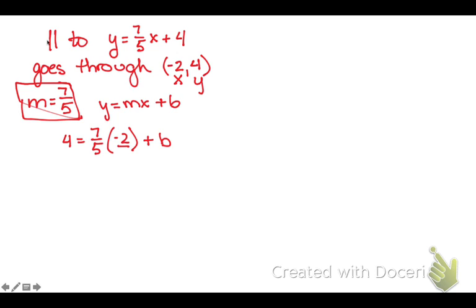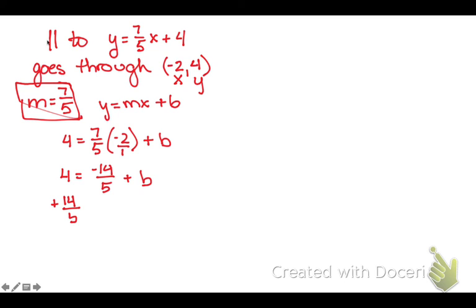Now, this is 2 over 1, correct? Yeah. And 2 doesn't go into 5, does it? No. So 7 times -2 is -14. -14/5 plus b. So now I just have to do math with fractions. So it's -14/5, so I have to what? Add it over. Add 14/5.